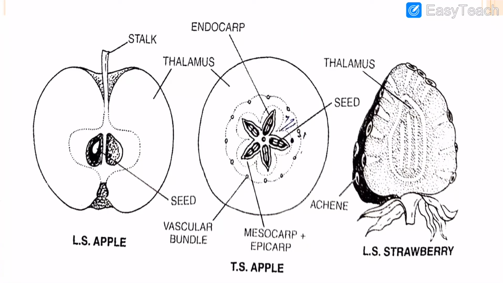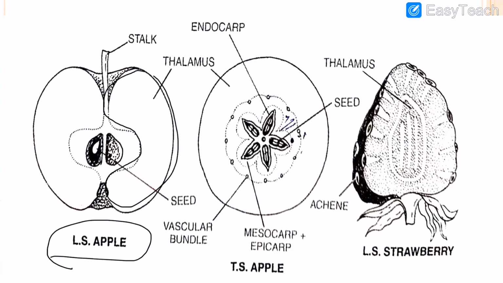We can see the diagram. Dear students, here is the diagram of the apple. Apple is a false fruit because the part which we eat is mainly the thalamus. True fruits are those fruits in which we eat the ovary, or in which the ovary is the main part of that fruit.